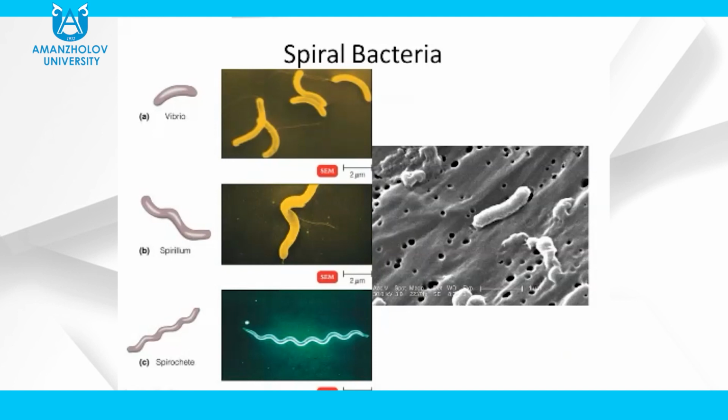These are comma-shaped, usually gram-negative bacteria which are not completely bent or twisted. They are implicated in food-borne illnesses. The shape of the bacteria resembles a comma. A common example for this species is Vibrio cholerae, the causative agent of cholera.